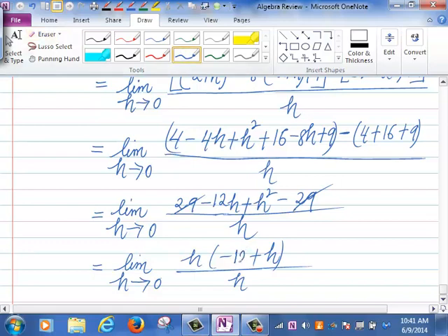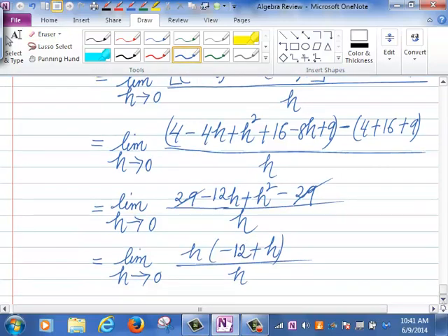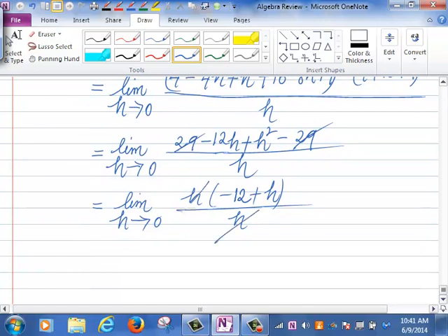This would be a 12 here, and h now cancels out. We are left with what? If h is 0, then I get negative 12, right? So in this case, we found that the derivative of the function at negative 2 is negative 12. Is everybody okay with that? Questions at all?